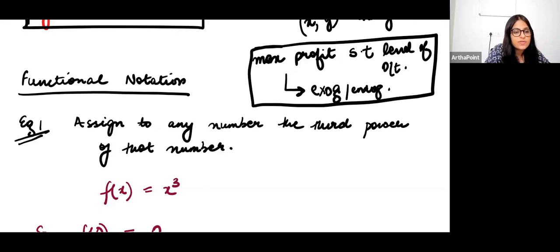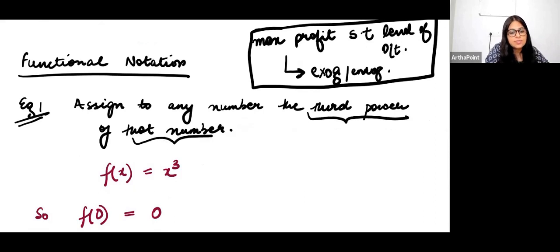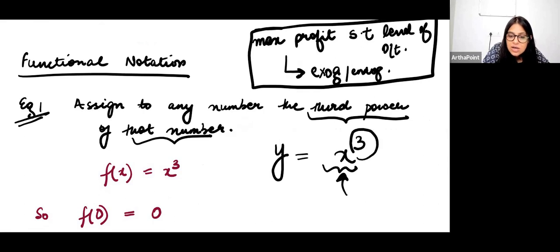So this is one of the first examples, very simple. Assign to any number the third power of that number. So I'm saying any number is the third power of the other number. Whenever you put a number here, its third power becomes the next number.